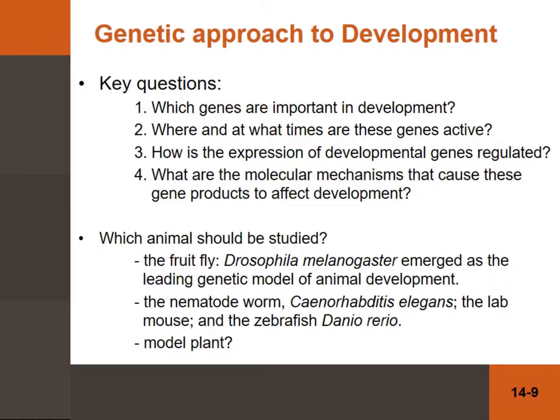What about the model plant? Well, there were several different plant species that were commonly studied, maize and tobacco, for example, but eventually, probably around the 1980s, the model plant Arabidopsis thaliana became the number one favourite.